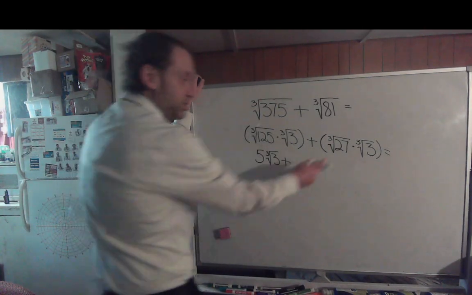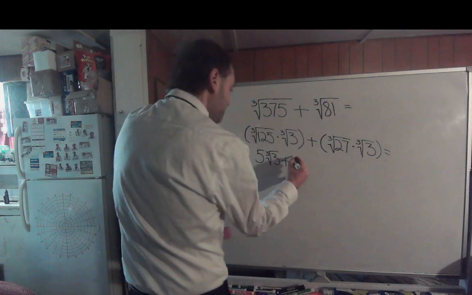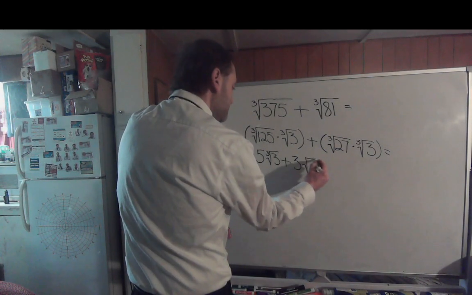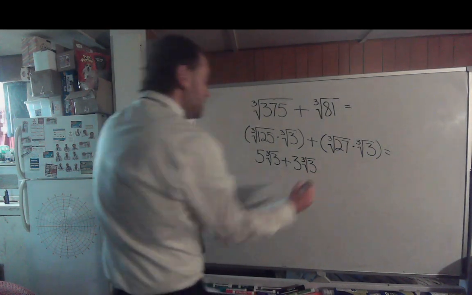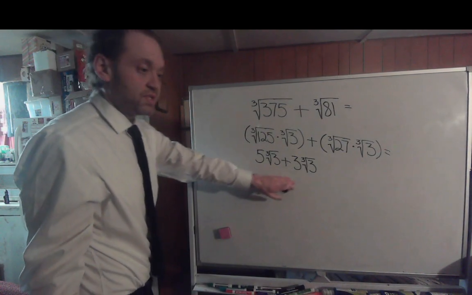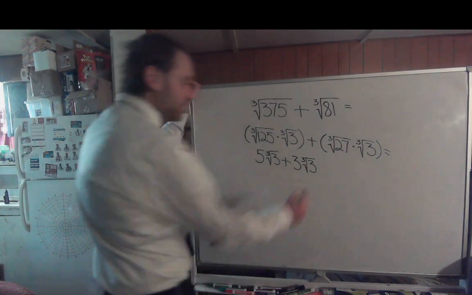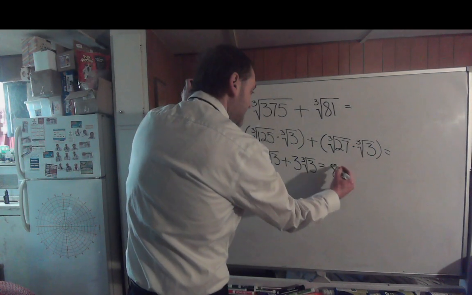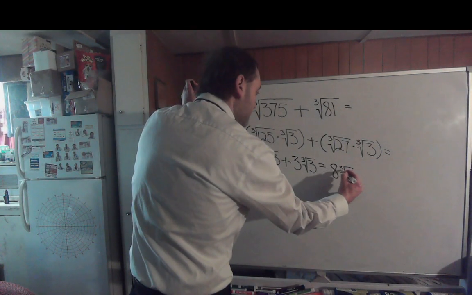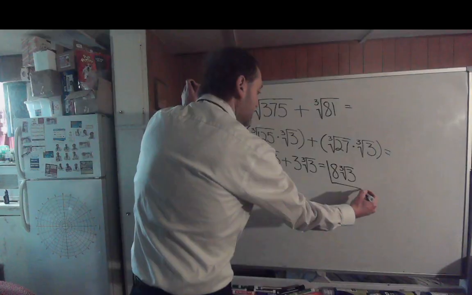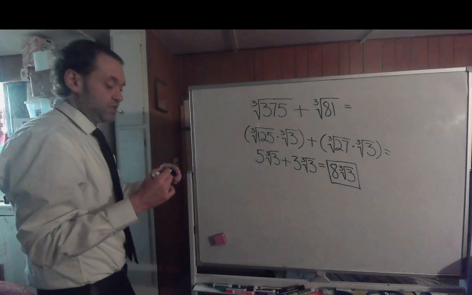Plus, now, what's the cube root of 27? Well, that's just 3, so you'd have that plus 3 times the cube root of 3. Now you have the same base with the same root. You just treat those as variables, add the coefficients. You end up with 8 times the cube root of 3. And that's the best we could do.